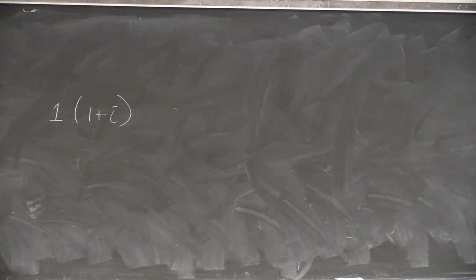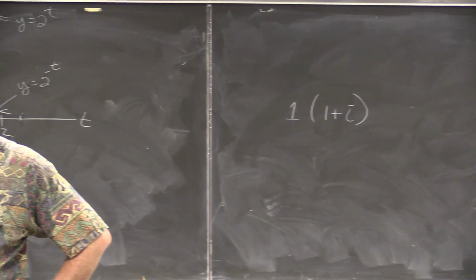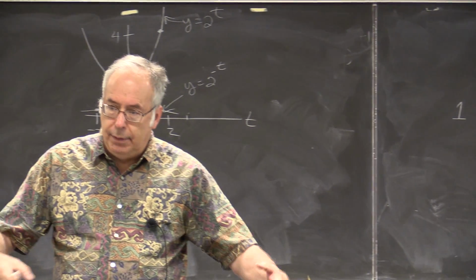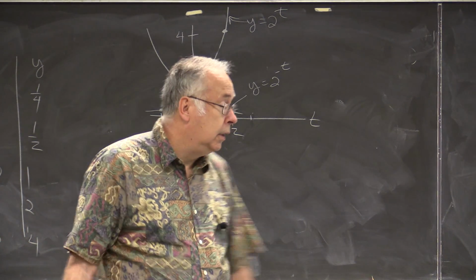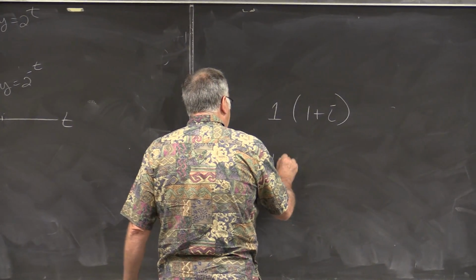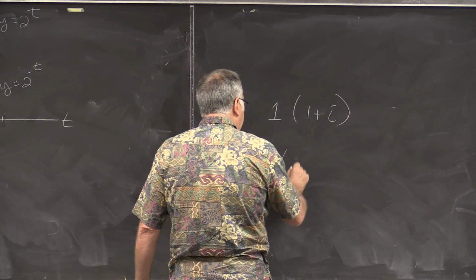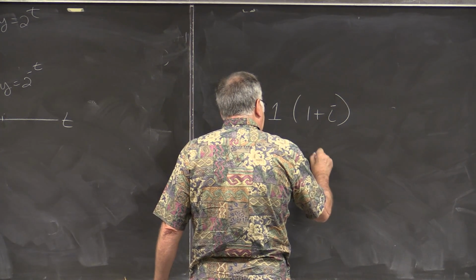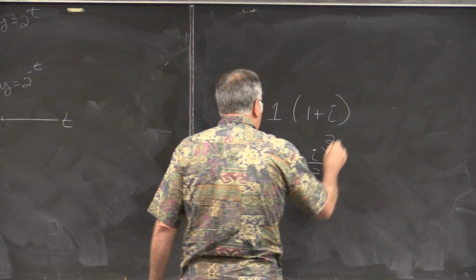Sometimes you see a bank say, we're going to compound your money semi-annually. That means every 6 months your money is going to be compounded. So in that case, it would be 1, you start off with $1, times 1 plus I divided by 2, raised to the 2 power.